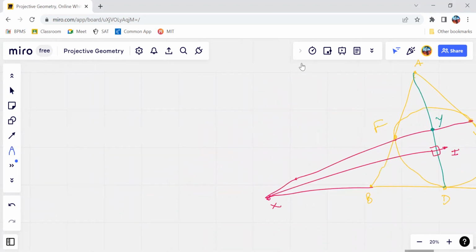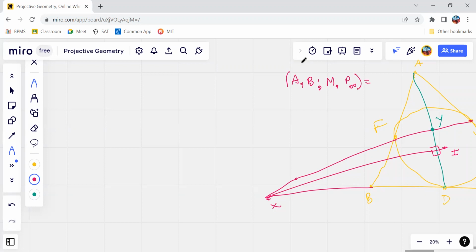So, also an important thing, it's kind of obvious, but just good to know. What is this cross ratio where M is the midpoint of AB, M and this point at infinity?